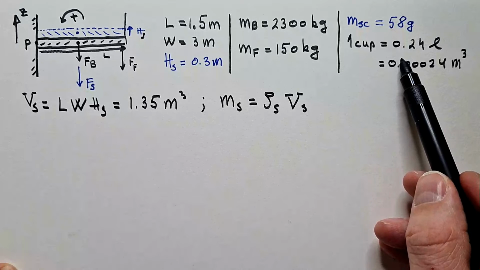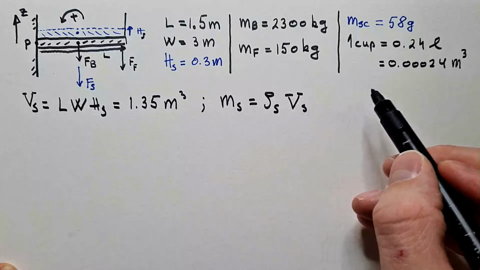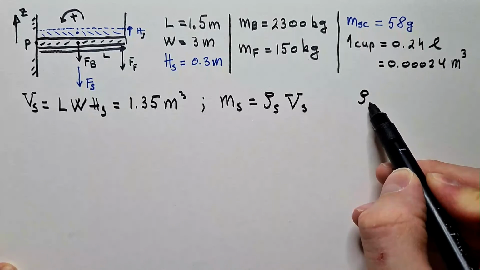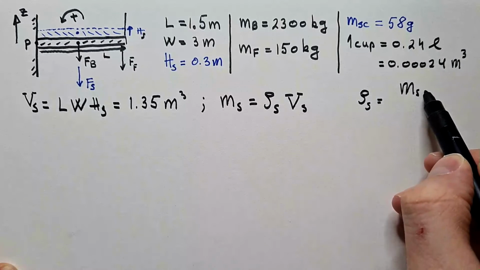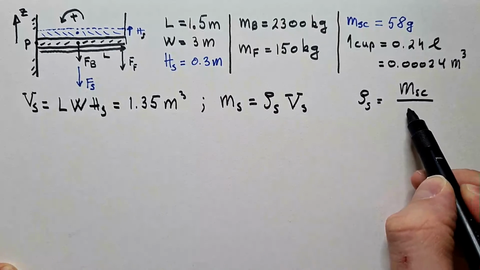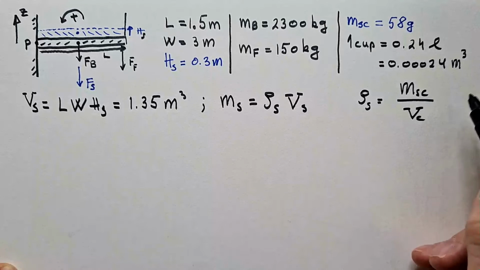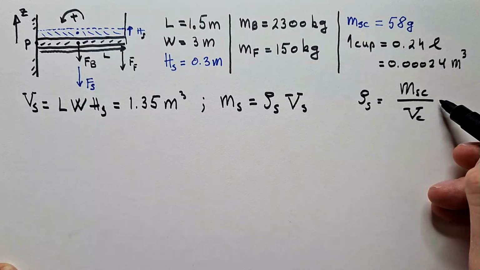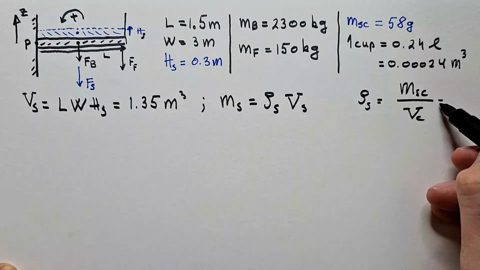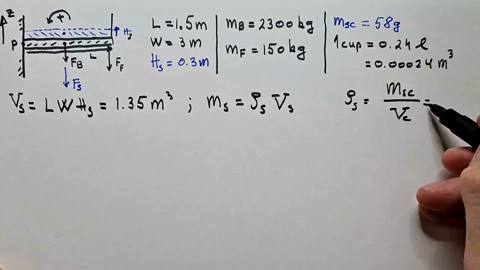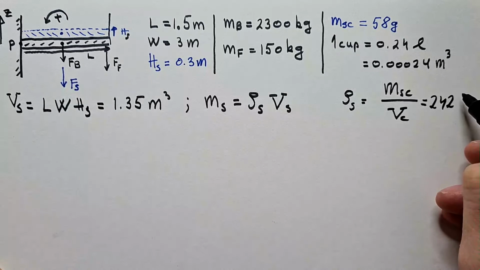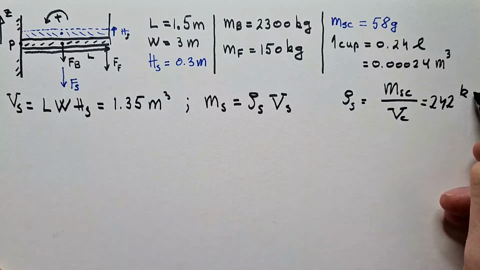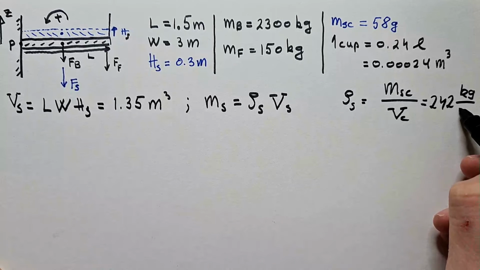However, I have these measurements that we just carried out, and they say that the density of the snow is the mass of the snow in the cup divided by the volume of the cup, and we have these numbers, so if we plug in, we will get that the density is 242 kilograms per cubic meter.